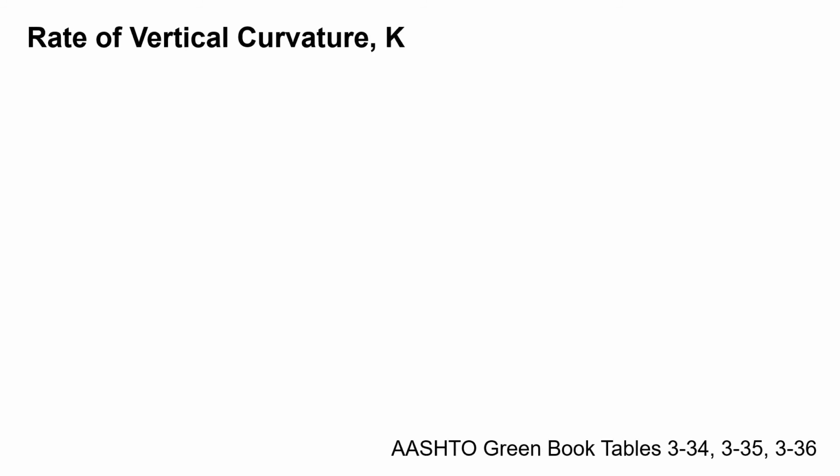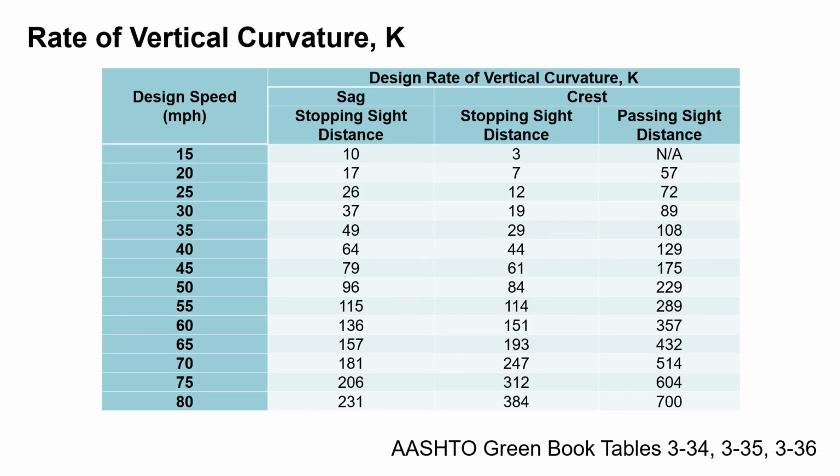So the rate of vertical curvature K is in the Green Book, the most recent version. The 2018 edition has it in tables 3-34, 35, and 36. The important thing to see here is that for sag curves, we're focused on stopping sight distance. So if you've got a sag curve, here are your K values you'd use.